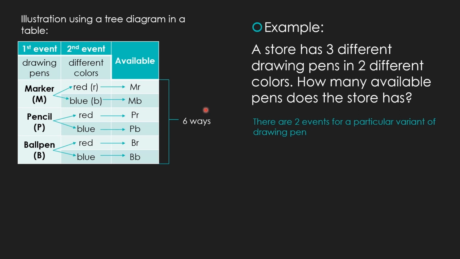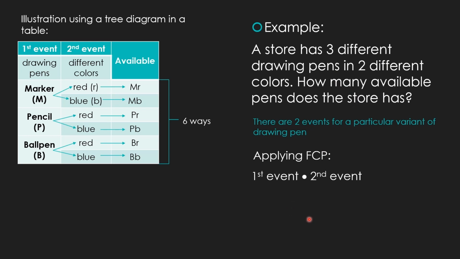Now, applying the fundamental counting principle, we know that if there are two events that occur together, we can multiply them. We have the first event multiplied by the second event. Again, we have two events here. So in the first event, we have three different ways of choosing, because it's mentioned that there are three different drawing pens.